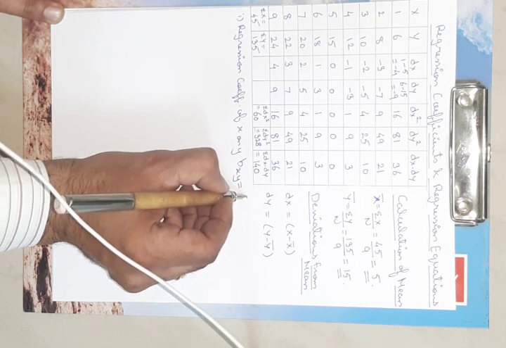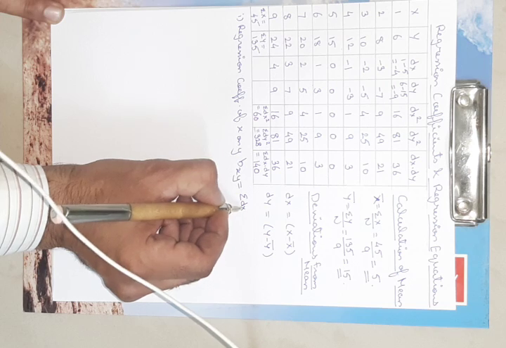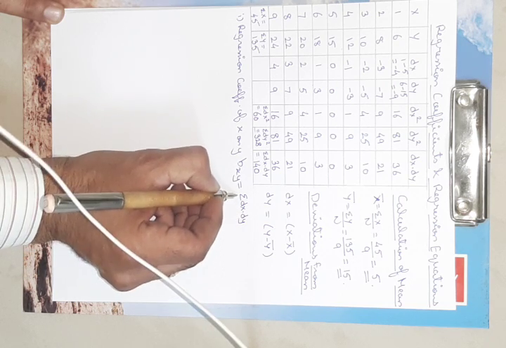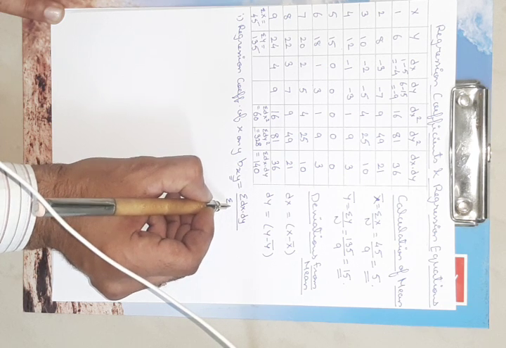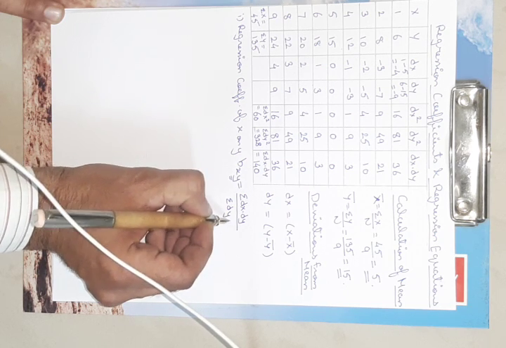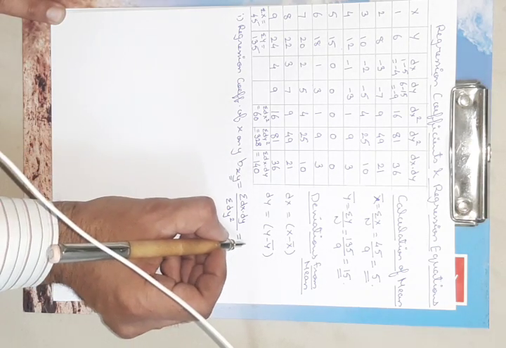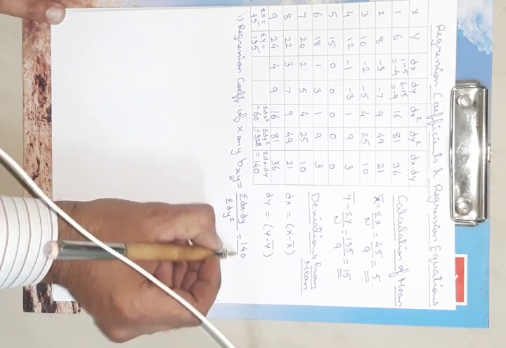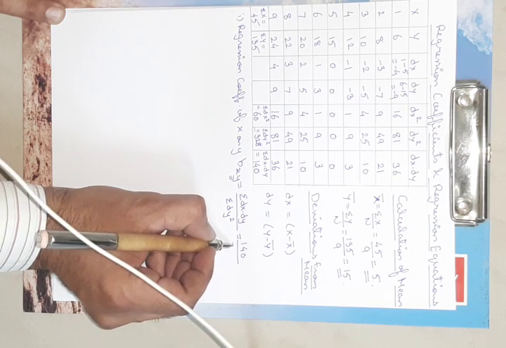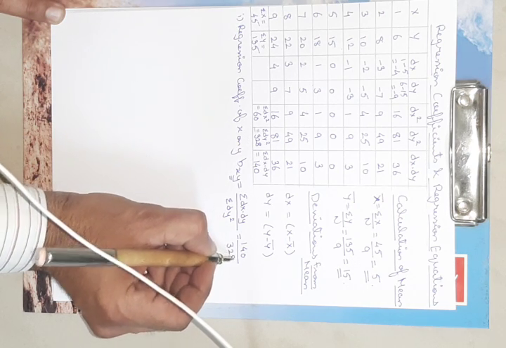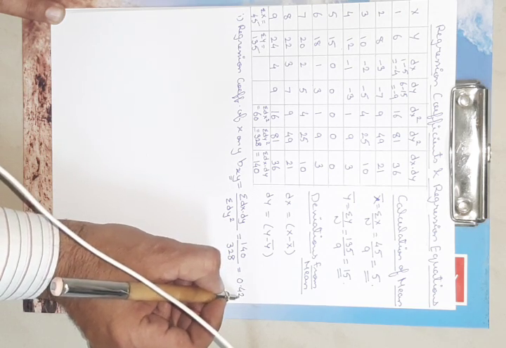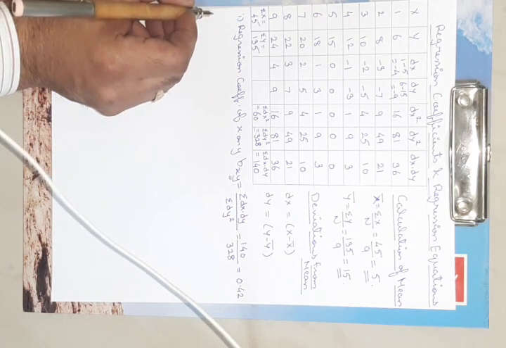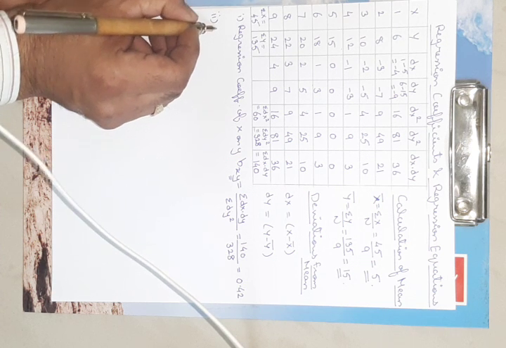This is given by the equation summation of dx dy divided by summation of dy square. This is 140 divided by 328. So 140 divided by 328 comes out to be 0.42.